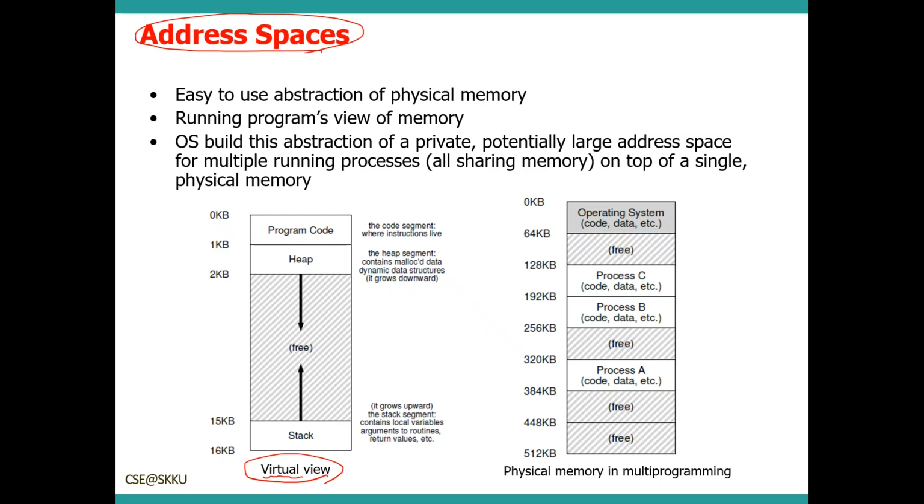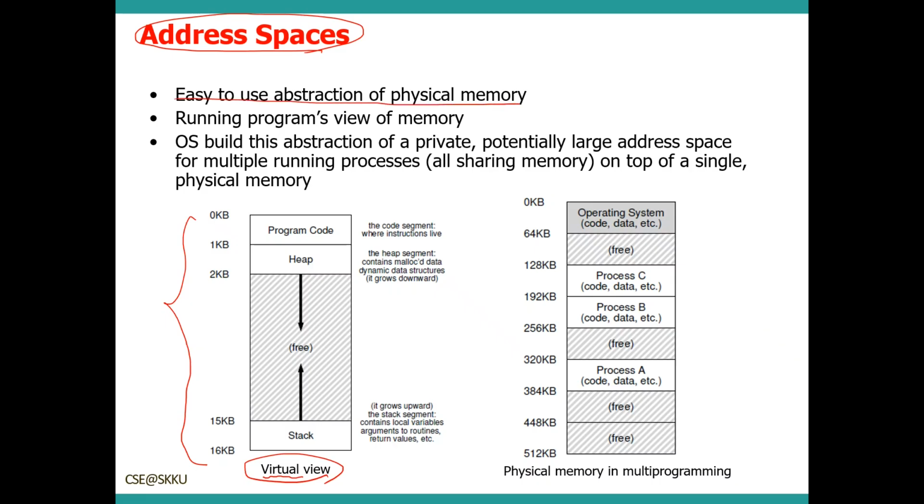The operating system virtualizes the memory space, so the process can consider it has been allocated a contiguous memory space that can be used only by the target process. This address space is an easy-to-use abstraction of physical memory.